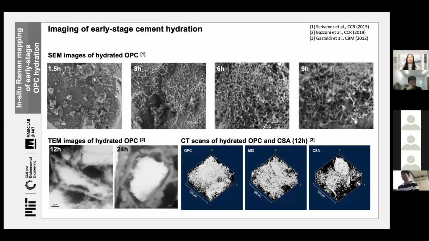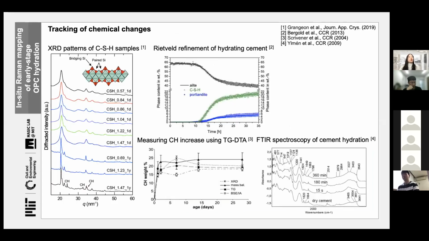SEM, TEM, CT scan are used for imaging of early cement hydration. And for tracking of chemical changes in early stage hydration, also studied with various experiments such as XRD, TG-DTA, and FTIR.